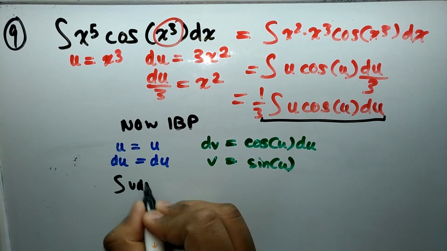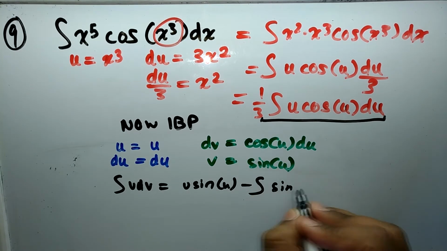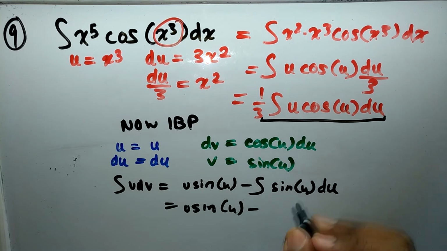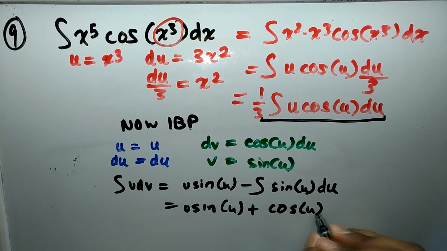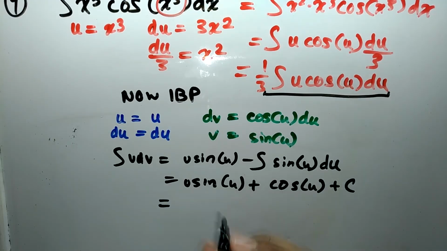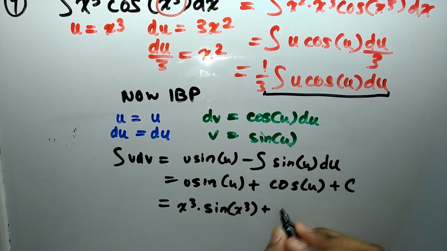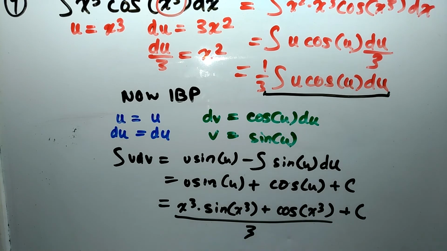And then use the formula, so it's going to be u times sine u minus the integral of v times du, so that's just sine u du, and then the integral of sine u is just negative cos u, so that just becomes positive cos u, and then we can just plug back in the u, which was x cubed, and then we get our final answer. So I know that this video was pretty long. Thank you very much for sticking around until the end, and I hope this helped.